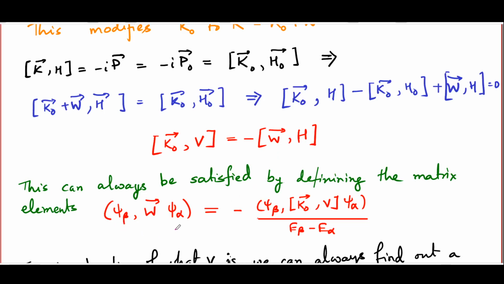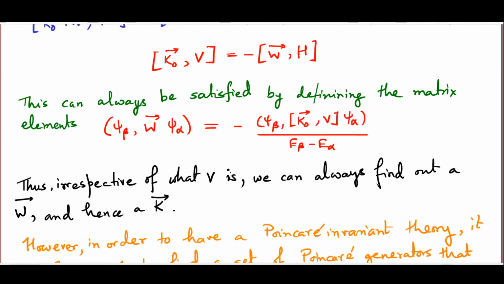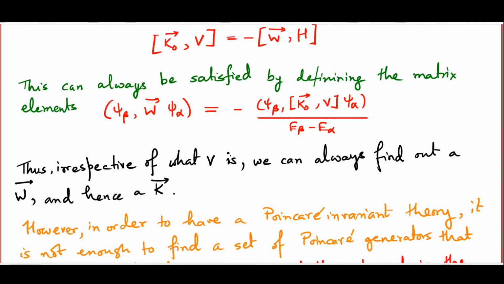And then you can easily rewrite the matrix element of W between psi beta and psi alpha as minus psi beta's overlap with the commutator of K0 and V with psi alpha divided by E beta minus E alpha. So irrespective of whatever V we have, we can always find the W and hence a K for which at least this particular commutation relation, the commutation relation between K and H, is satisfied.